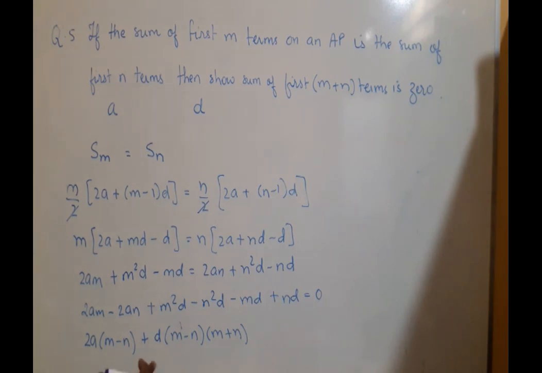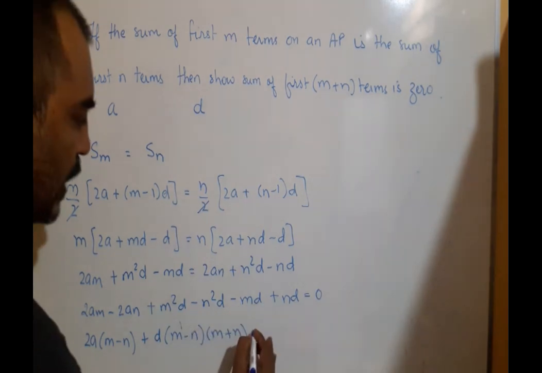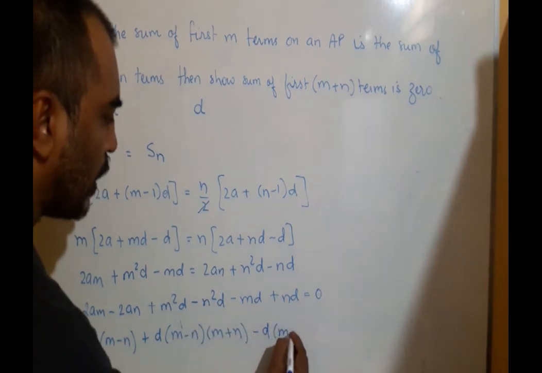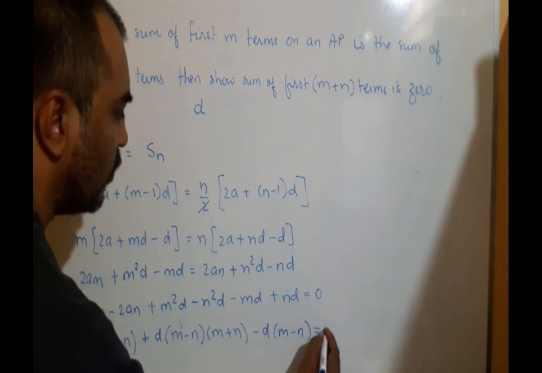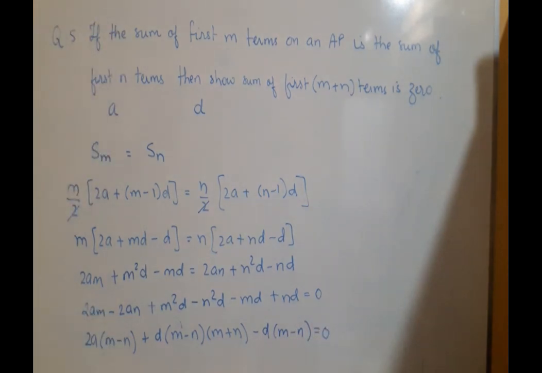And here I take minus d common, so I get m minus n, and that is equal to 0. Yes? I hope we are clear till here. Write it down because I need to rub a little things. Okay?